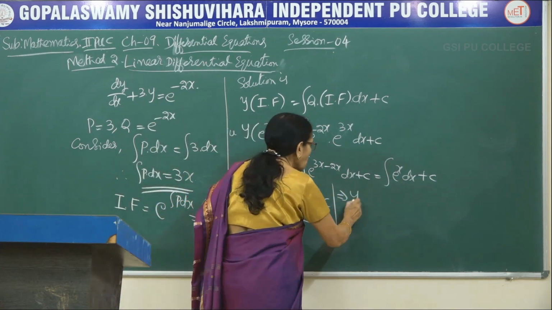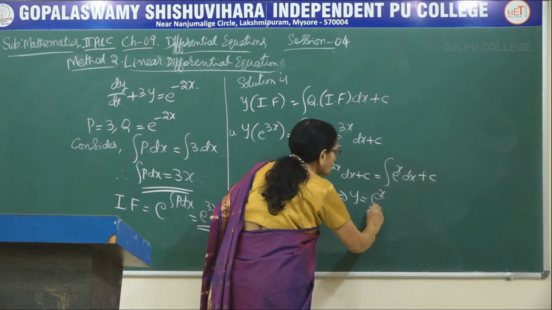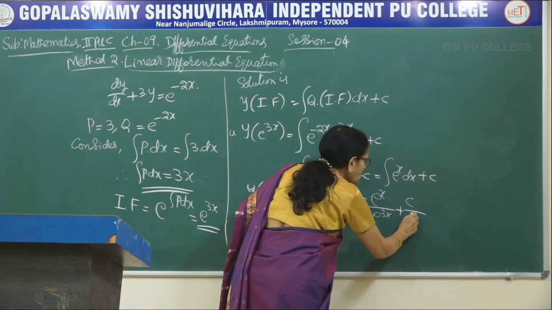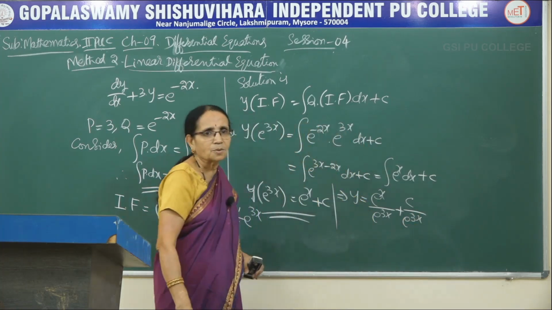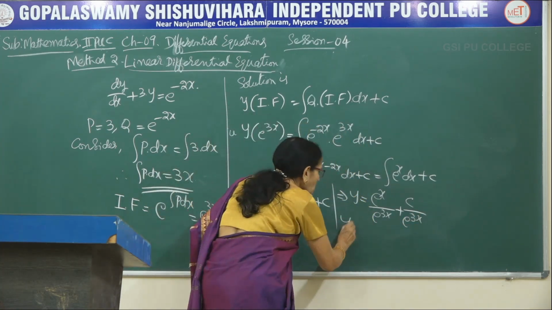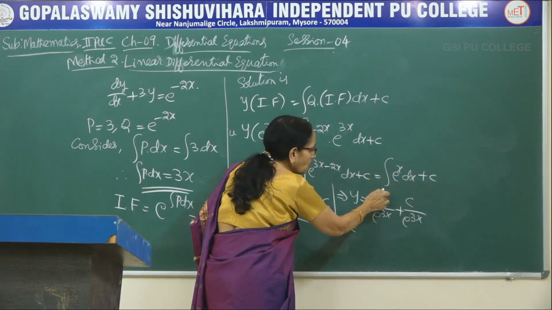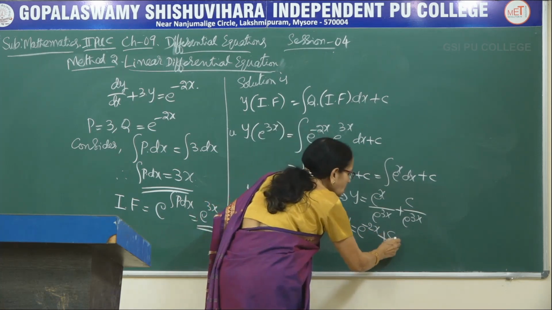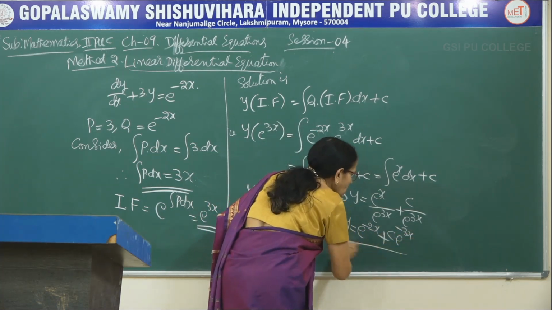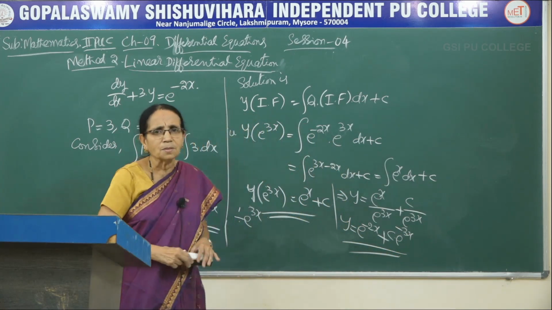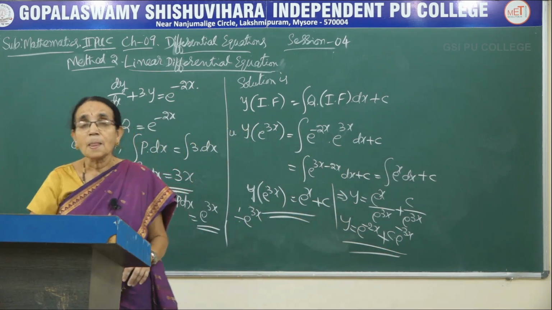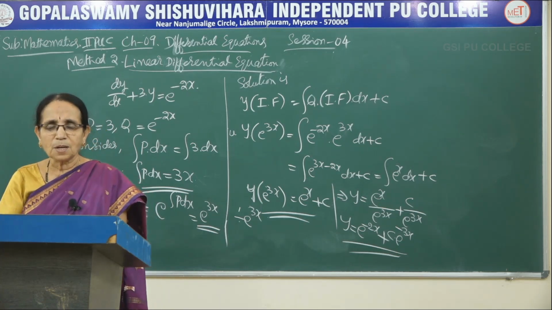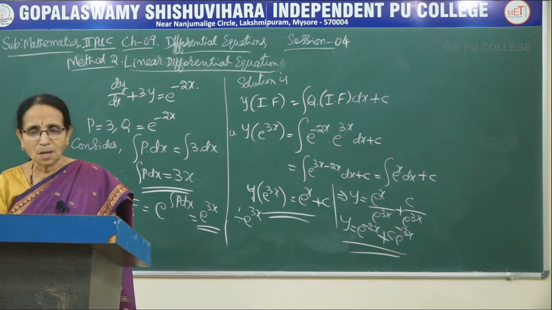It would be y equal to e to the power x divided by e to the power 3x plus c divided by e to the power 3x. Then using the law of the indices, y can be written as e power x minus 3x, that is e to the power minus 2x, plus c into e to the power minus 3x. So that is to express the answer in the form y is equal to fx, the usual way of expressing I am using in this particular problem.